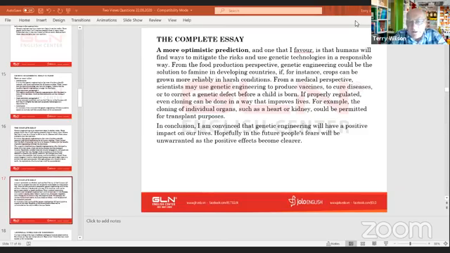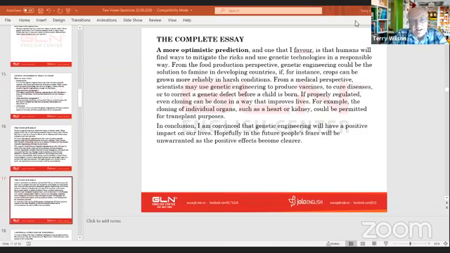And then to conclude, I have 2 sentences. So straight away, I restate my opinion. I am convinced is a very strong expression to use in a conclusion. And I always say to my students, use strong expressions when you're talking about your opinion.